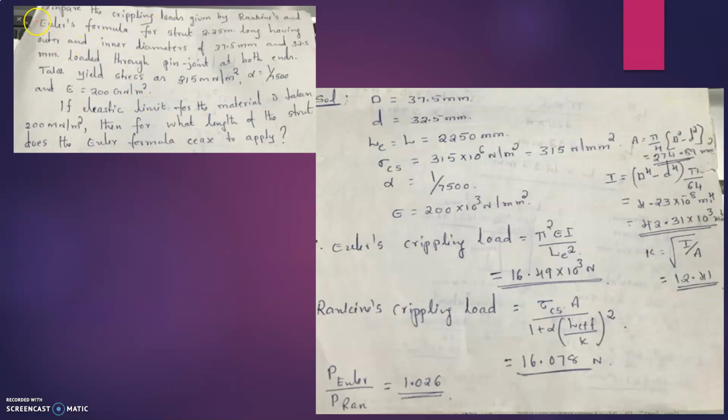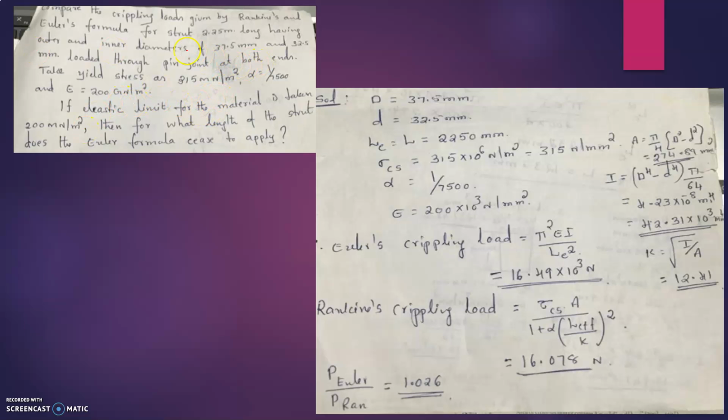Compare the crippling loads given by Rankine's and Euler's formula for a strut 2.25 meter long, having outer and inner diameters of 37.5 mm and 32.5 mm, loaded through pin joint at both the ends. Take yield stress as 315 meganewton per millimeter square, alpha is equal to 1 divided by 7500, and E is equal to 200 giganewton per meter square.